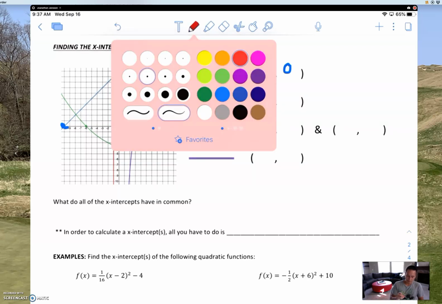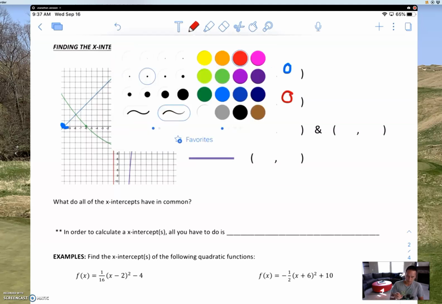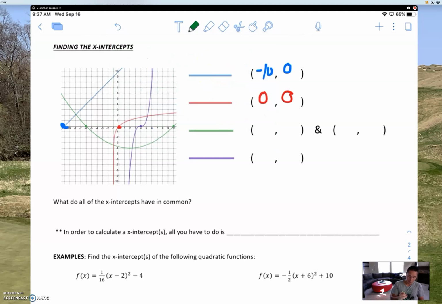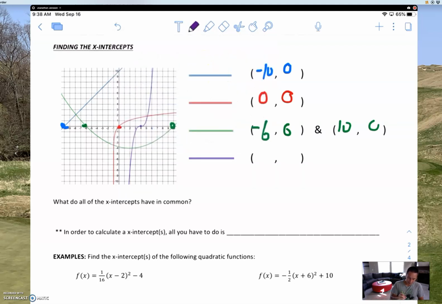The red graph has one right there at (0, 0). The green graph is lucky enough to have two X-intercepts: the first is at (-6, 0), and the other is over there at (10, 0). And the purple graph has one right there at (4, 0).